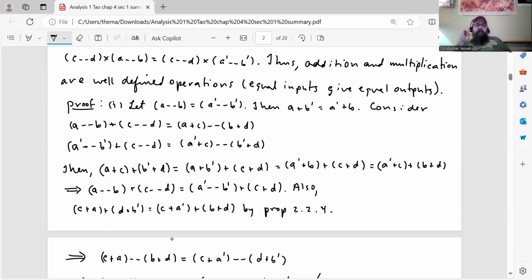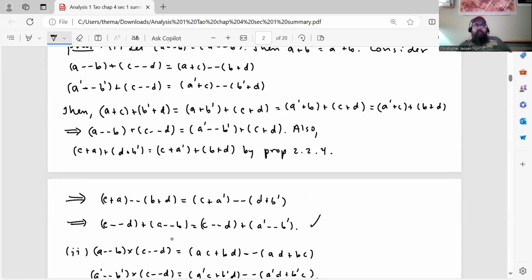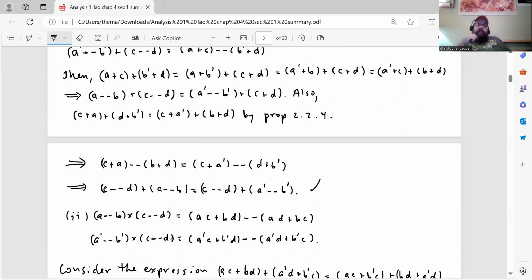That implies that a—b plus c—d equals a'—b' plus c—d. And also c+a+d+b' is equal to c+a'+b+d by proposition 2.2.4, which implies that c plus a—b plus d equals c plus a'—b' plus d, which implies c—d plus a—b equals c—d plus a'—b'.